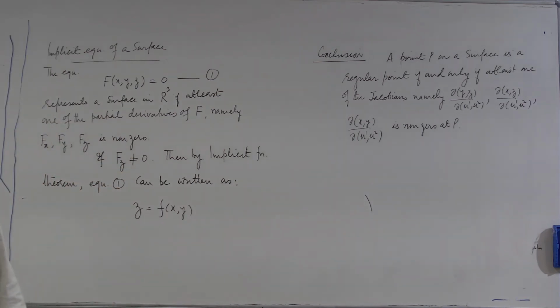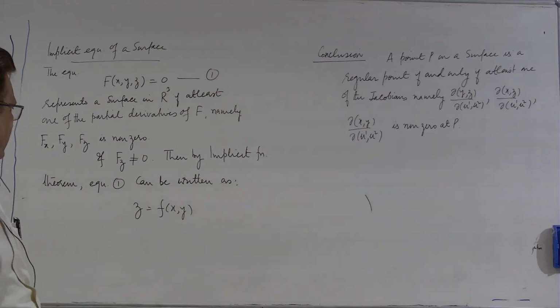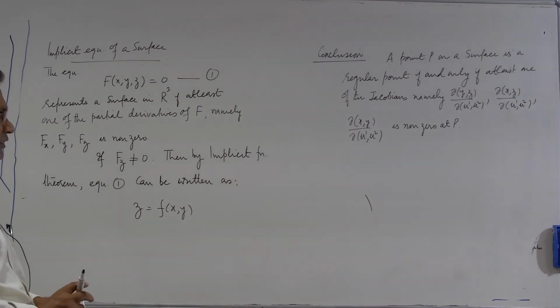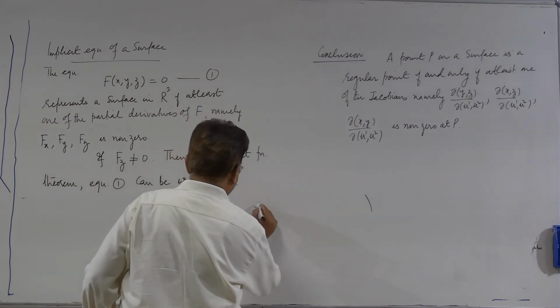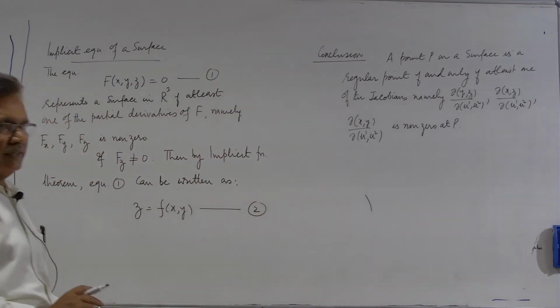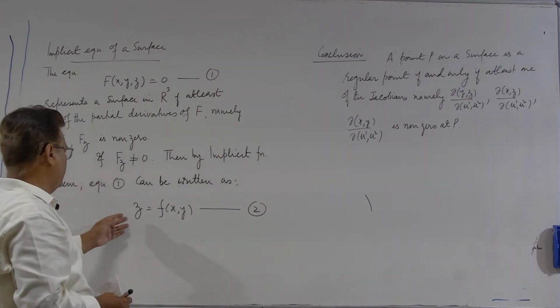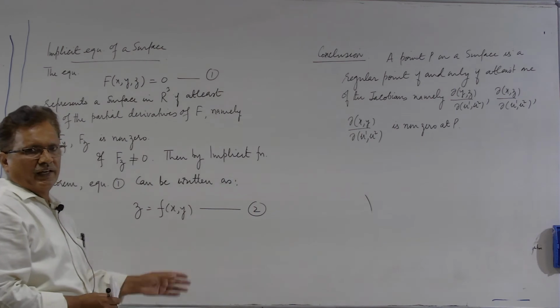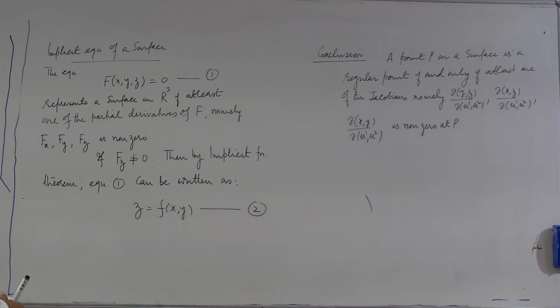That means, you can get hold of a function small f such that the variable z will be explicitly related with x and y as a function of x and y. Okay, so, what I am saying over here, that equation 1 and 2 represent the same surface, and this happens when at least f z is non-zero. Similarly, if f y is non-zero, you will be able to express y as a function of x and z, etc. All right.